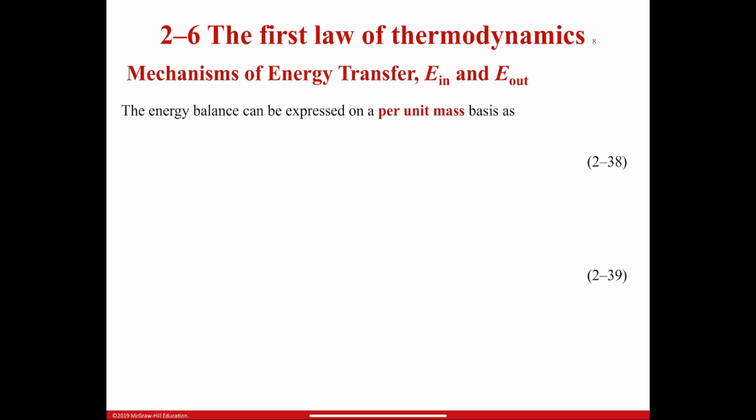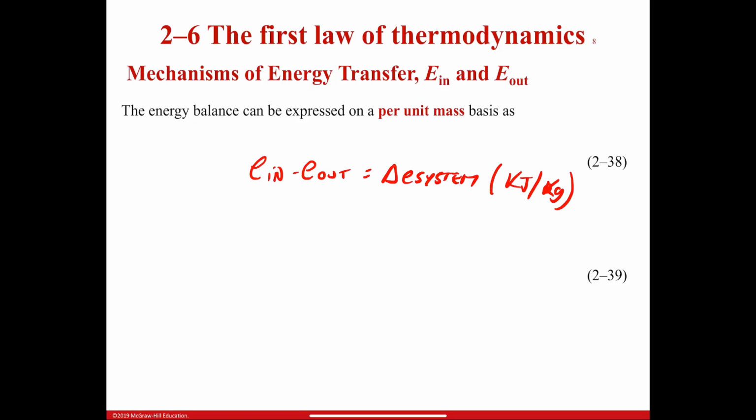All right. So the energy can also be expressed per unit mass. Everything is expressed in the regular way, then per unit mass, then also in rate form. So now per unit mass will be the little e in minus the little e out, equals the delta of the energy of the system. And what's the unit for this one? If it's per unit mass, it'll be kilojoules per kilogram.